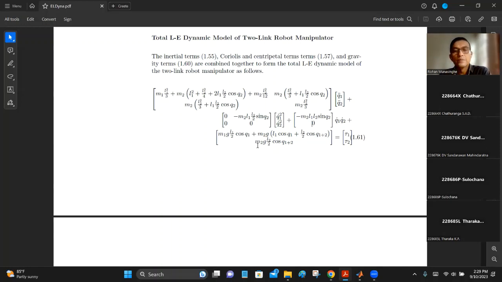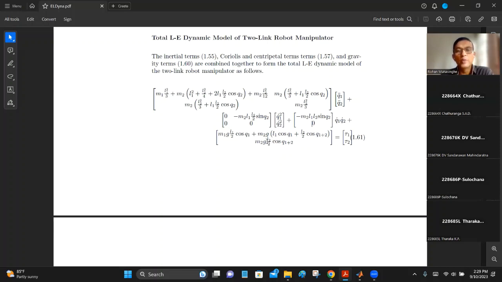You can see it over here. If you are joint 2, it is M2 g L2 by 2 cos(Q1 plus Q2), isn't it? Very easy. So this is the force due to gravity, and the torque generated by the force itself.